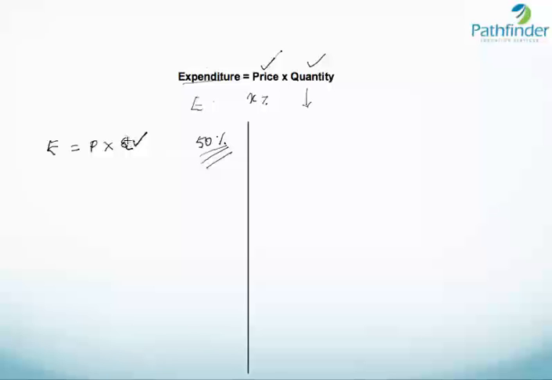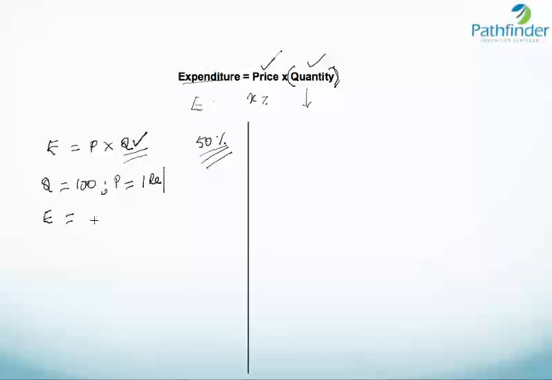In this case, because we are required to find the percentage change in quantity, I suggest you start by assuming the initial quantity Q as 100 and the initial price P is equal to 1 rupee per unit. So, what is the initial expenditure in this case?